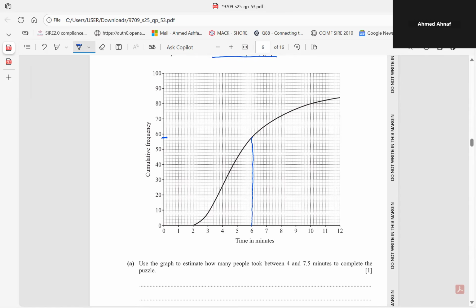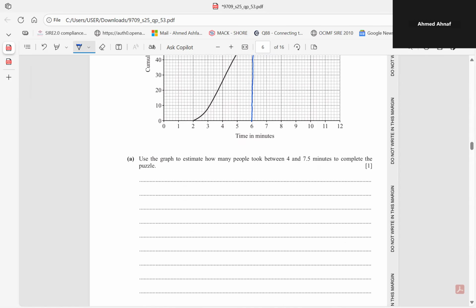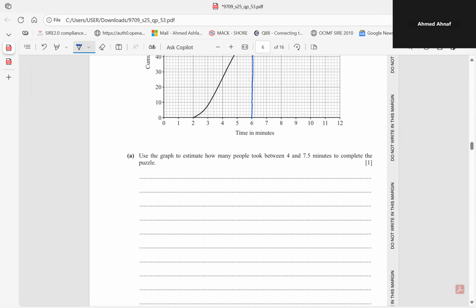Okay, all right. So for the first part, we have to use the graph to estimate how many people took between 4 and 7.5 minutes to complete the puzzle.